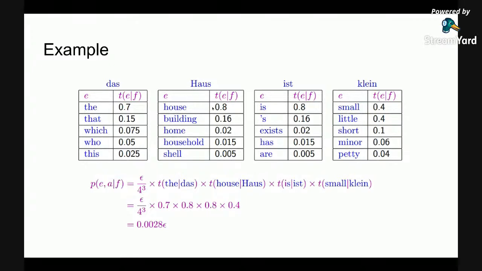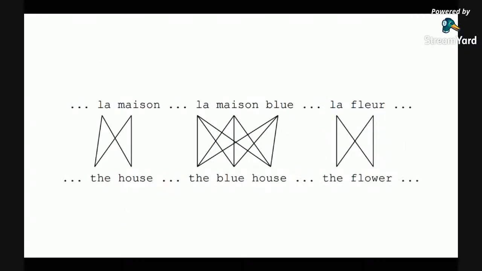Here I can take house is small, but the idea is we don't have these tables. We have to create these tables. Since I start with only the text, it's a kind of unsupervised learning. I have to create these tables, this probability distribution, and pick the best alignment. Let's start with this very simple example.